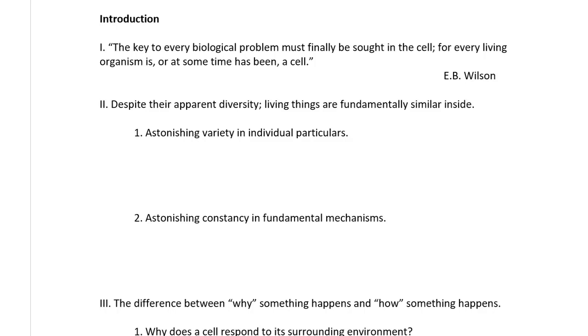So gene expression, the method by which it happens, is a common mechanism across all cells. And there are other common mechanisms that we will be learning about during this class. We can just assume that these common mechanisms will be the same across all cell types. There might be slight differences, but those common mechanisms are going to be a constant.